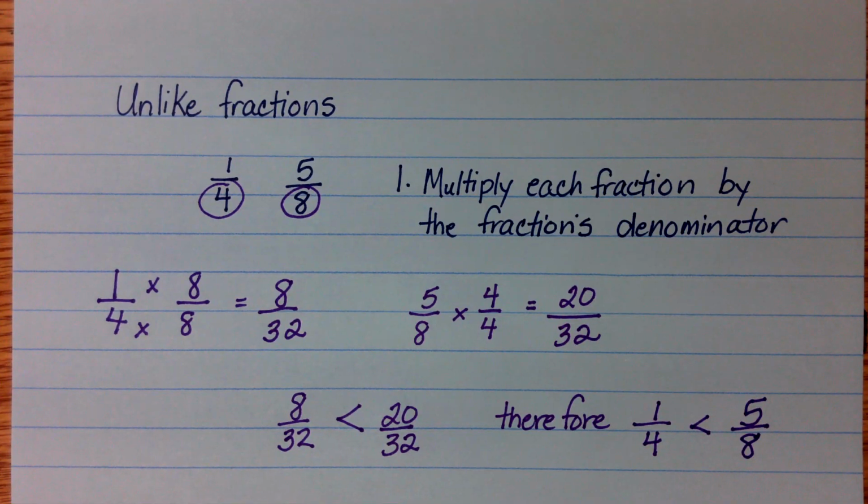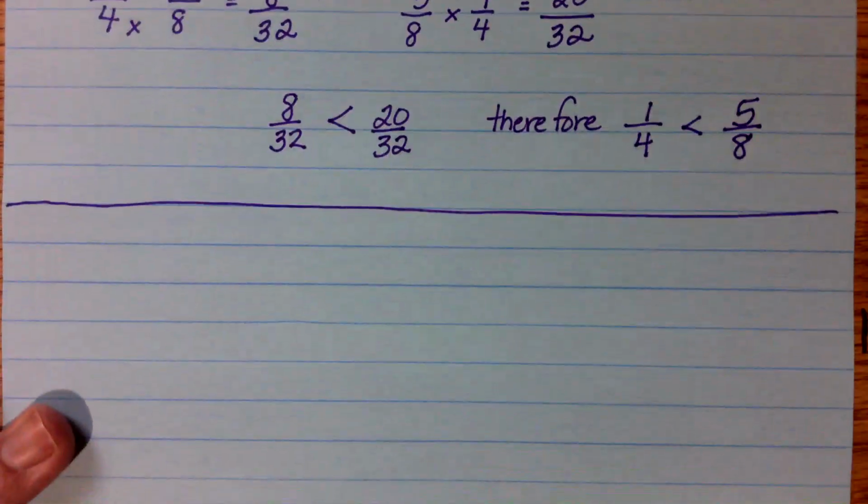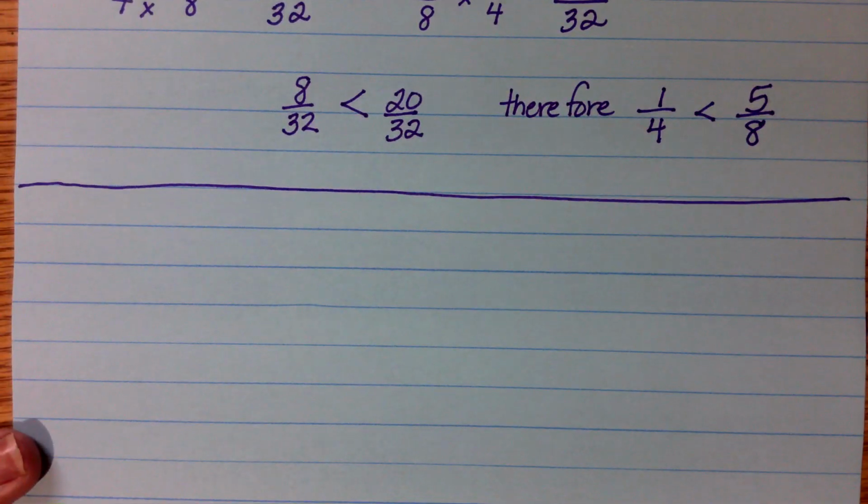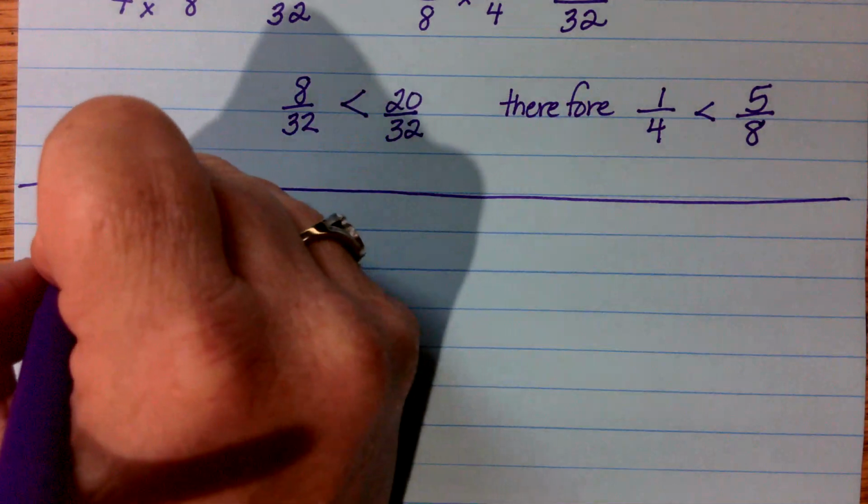Okay, this is one strategy for comparing unlike fractions. Our next strategy involves finding the LCD.